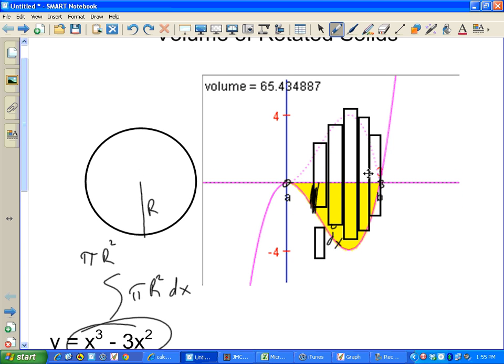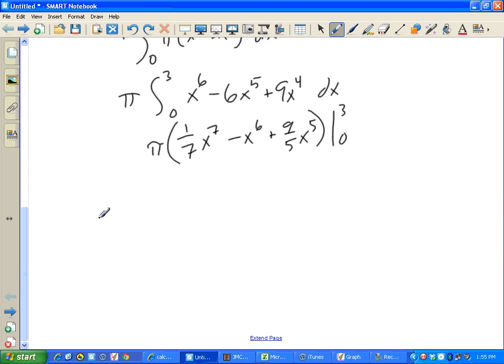If you're rotating around a certain axis, and your axis is completely touching every part of your function, or the rectangles that are being rotated, you can use the disk method, and your volume is pi times the integral of your radius, which is a function of x, squared dx from a to b, depending on what a and b are.